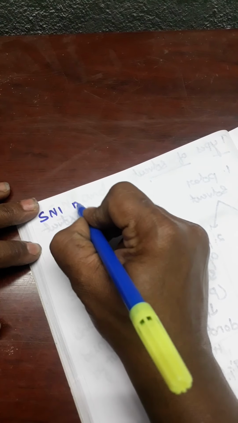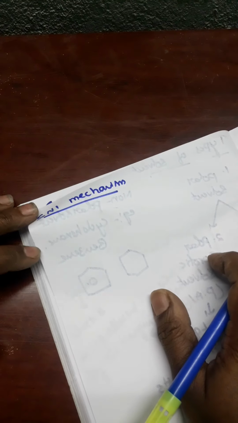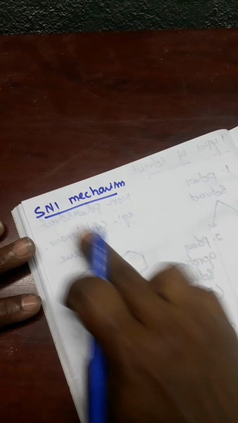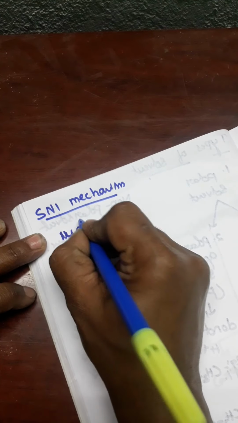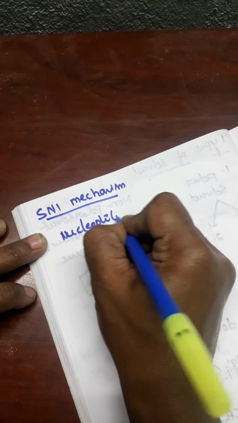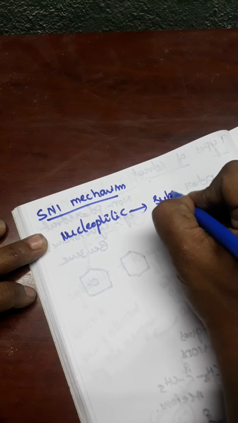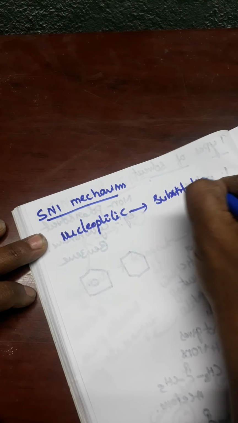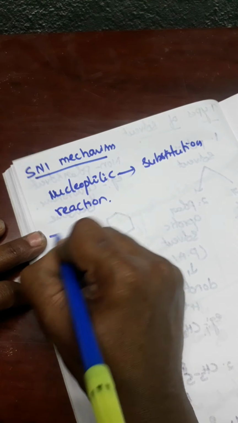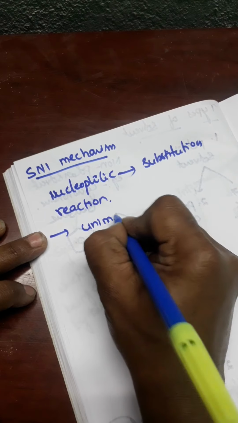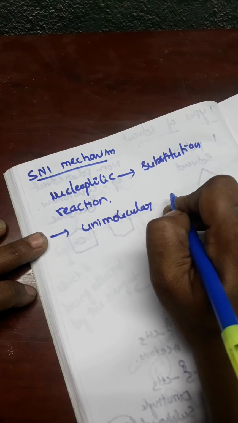SN1 mechanism. In this, N stands for nucleophilic and S stands for substitution reaction. This is a unimolecular nucleophilic substitution reaction.